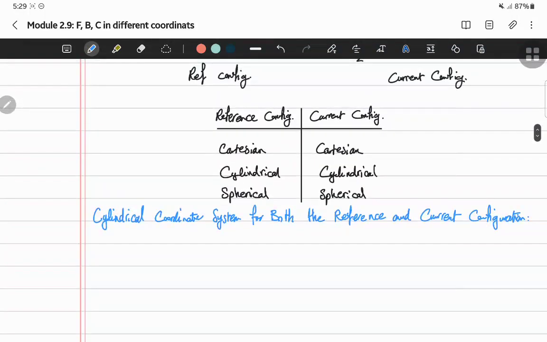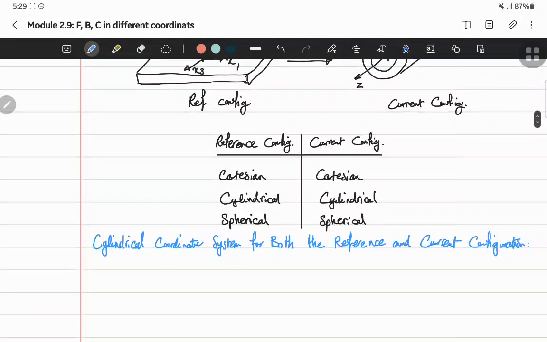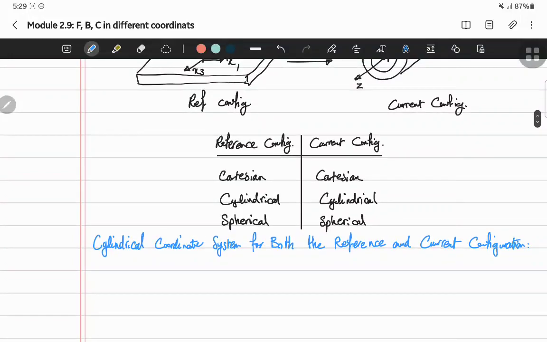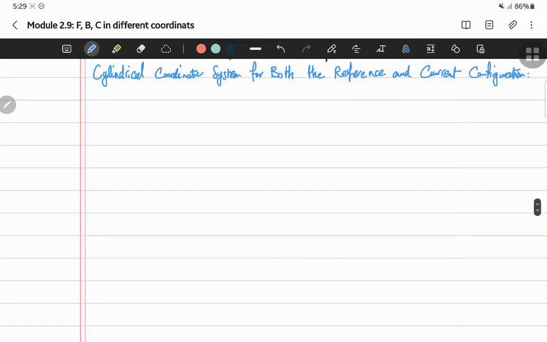It means that for both the reference and the current configuration, we have the cylindrical coordinate system, and we are going to find the related equations for the F, B, and C tensors. All right, so let's get started.